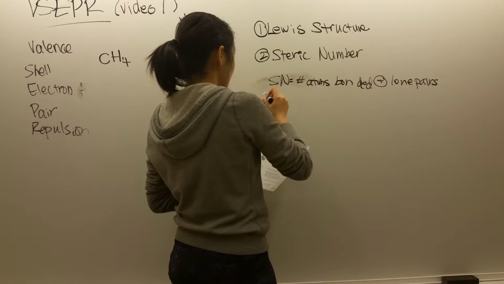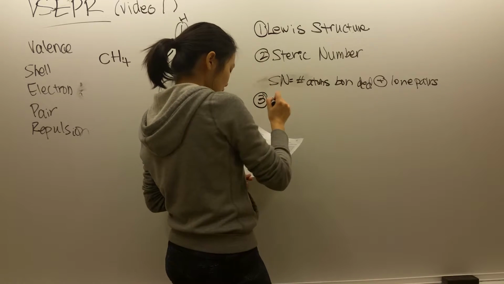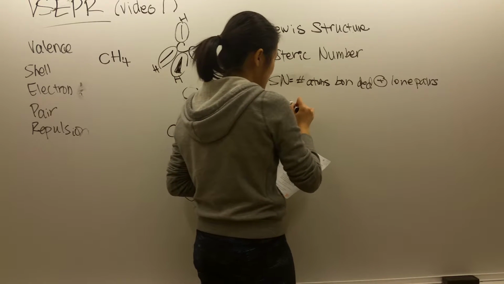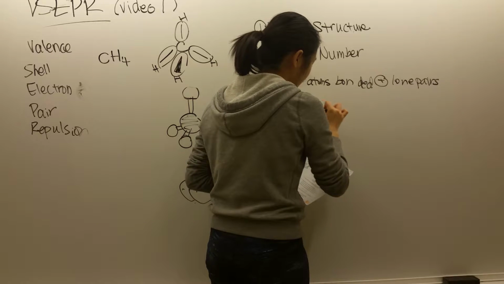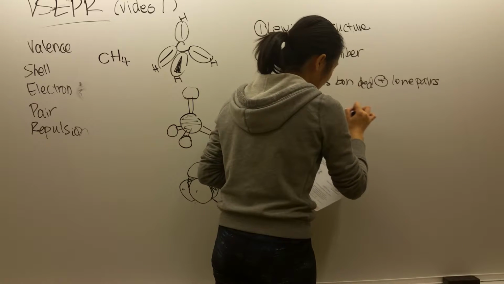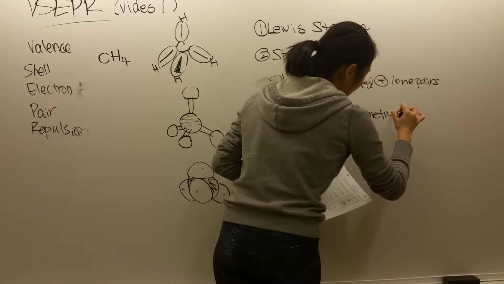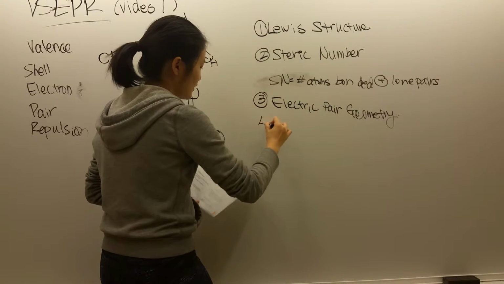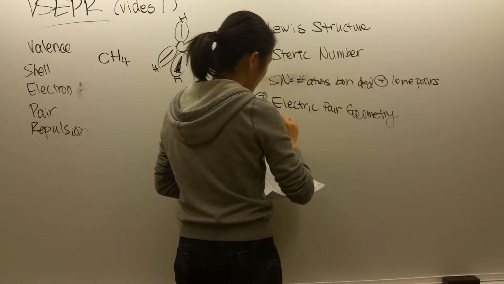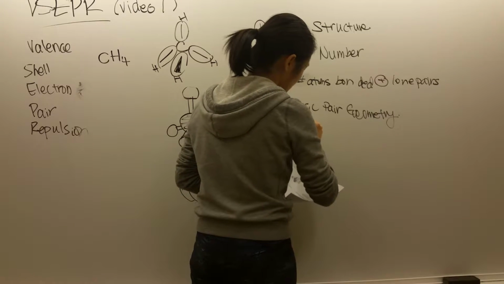Okay, so the third one is determine the electron pair geometry. And then determine the molecular geometry.